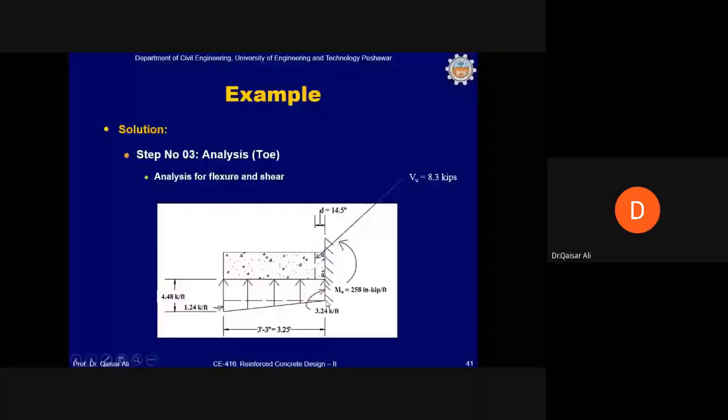This will give you not 8.3 kip, less than this, because this will be the shear reaction at the face of the arm, which is the junction of the toe with the arm. However, at a distance of d from this face of the arm, this will be equal to 8.3 kip.